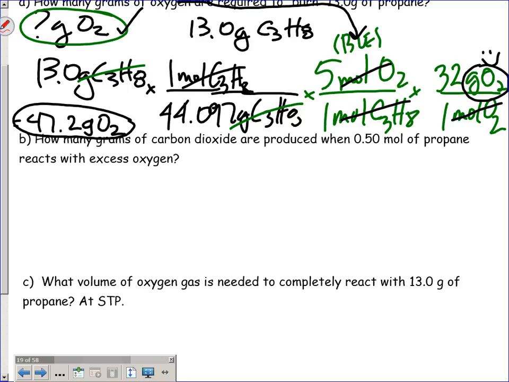Help a neighbor out too if you can. Ignore the fact that it says excess, it just says it reacts with oxygen. You knew that because oxygen's in the reaction.